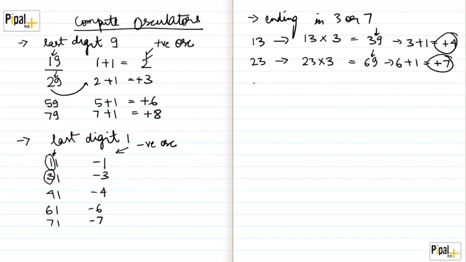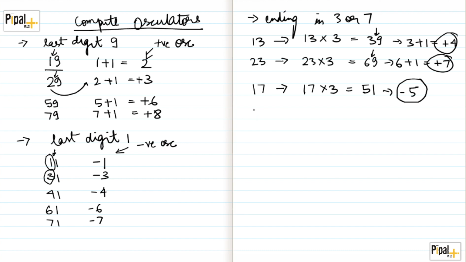Now what happens if a number is ending in 7? Let's take the example of 17. For 17, 17 times 3 is 51. Any number ending in 1, the oscillator is easy to find. I pick up 5 but with a negative sign, and that becomes my oscillator for 17.